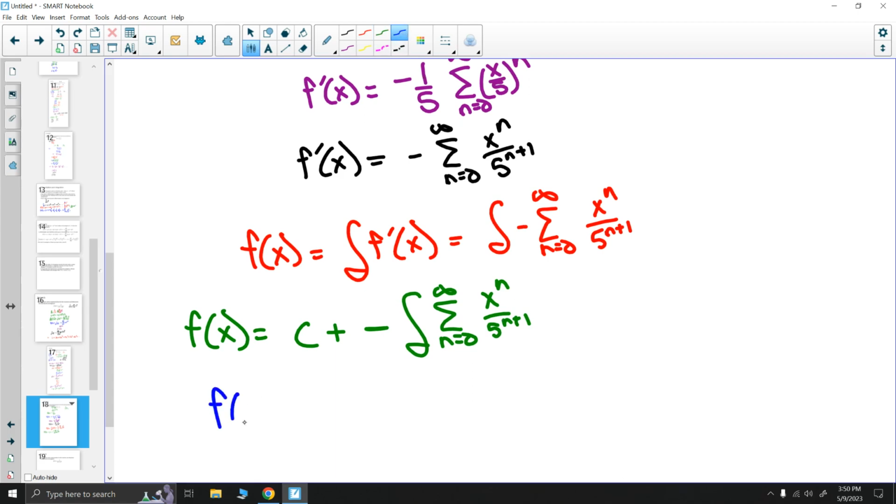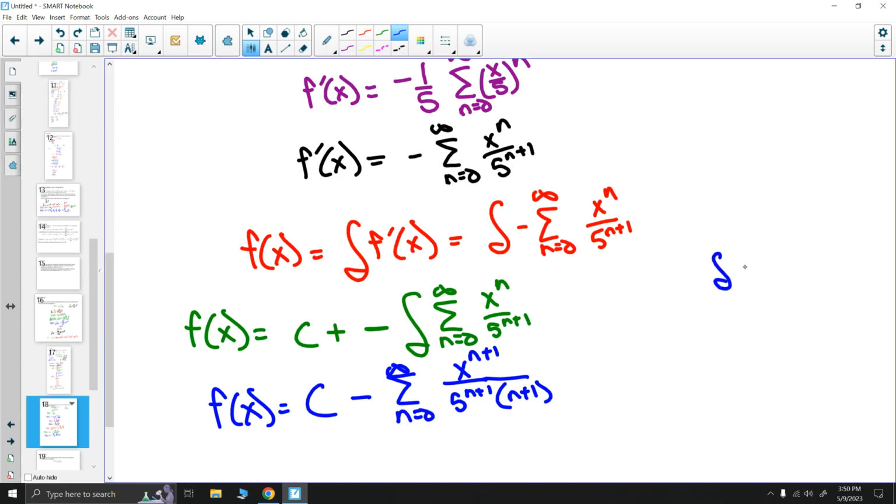So f of x is equal to the constant of integration minus the sum n equals 0 to infinity. The 5 to the n plus 1 stays the same. For x to the n, when we're integrating we raise the power by 1, so it'd be x to the n plus 1, and then we divide everything by n plus 1, the new power here.